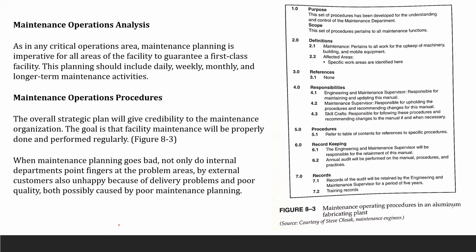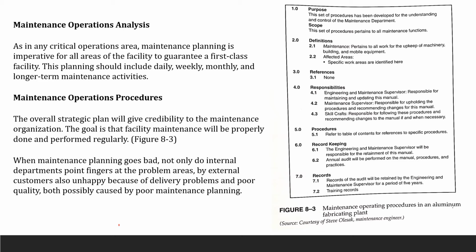Here is an example of how other people write, but you don't have to follow the same thing. You can write it in your own way. First, you write your purpose and your scope. You write the definition, defining what you're trying to say, and if you have references, you put them in.